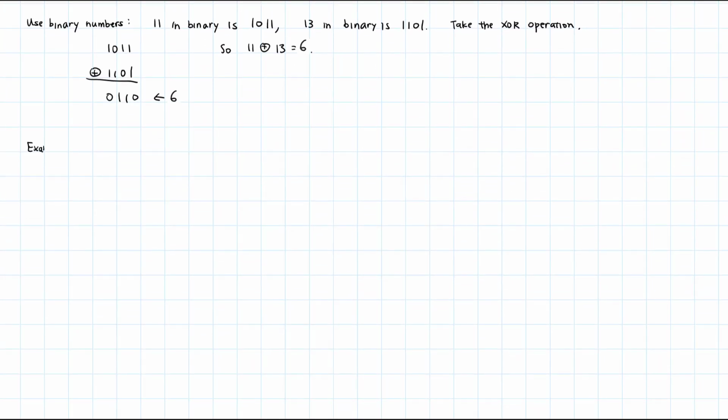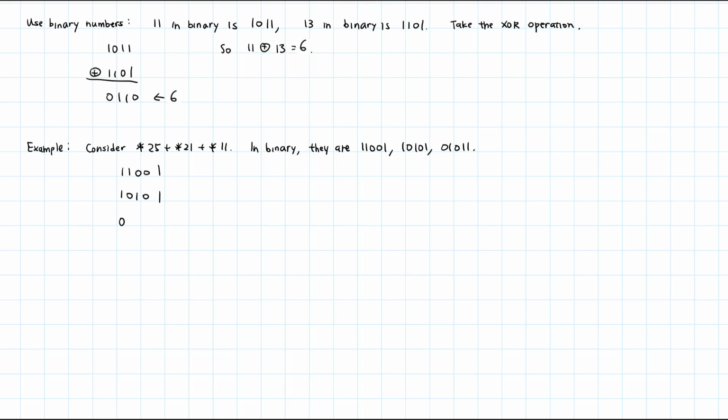Let's look at another example and consider star 25 plus star 21 plus star 11. Take a few moments to work out what would be the nimber for this game. So in binary, 25, 21, and 11 are 11001, 10101, and 01011.